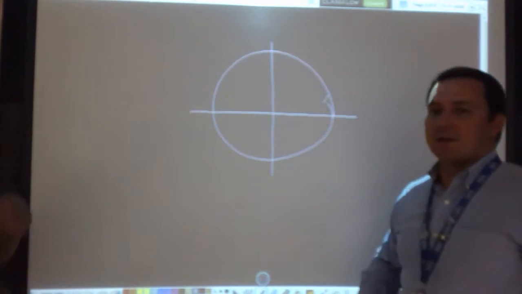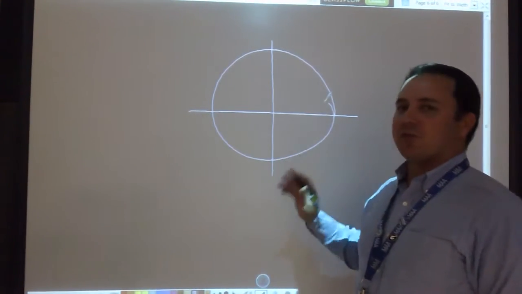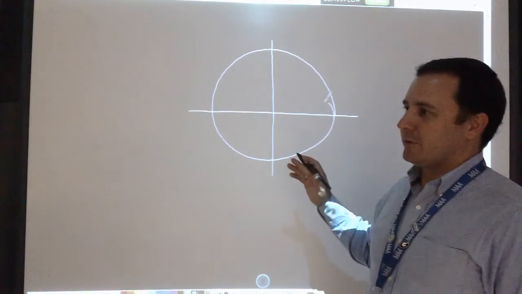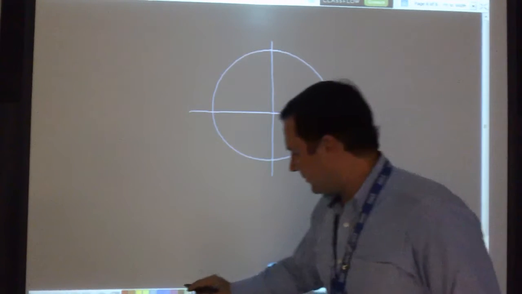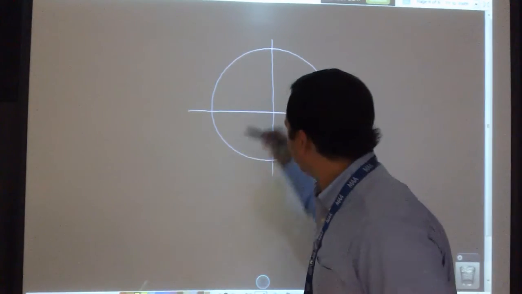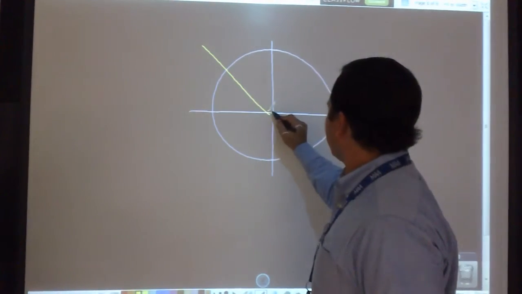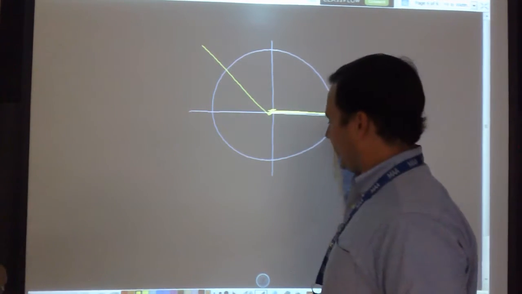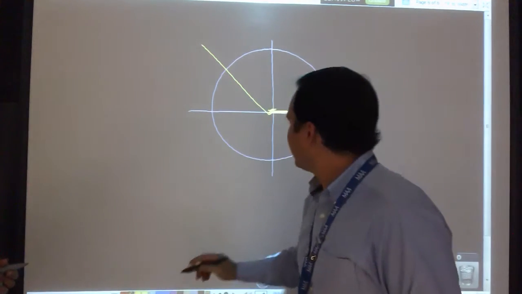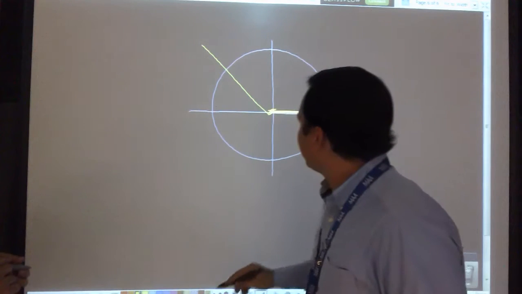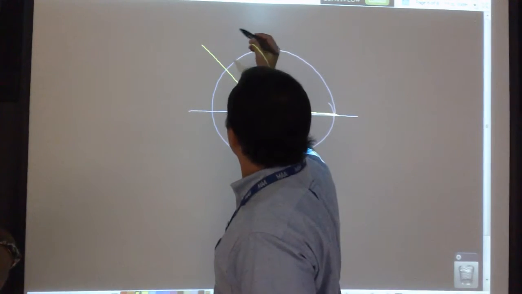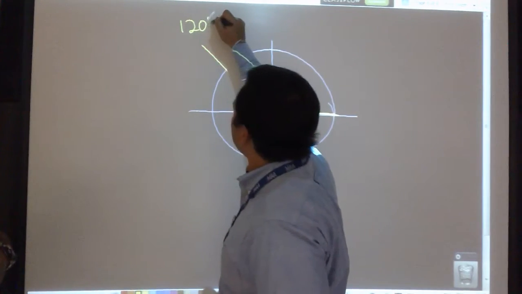A reference angle is the shortest measurement from the terminal side to the x-axis. Let's say we have an angle here in the second quadrant, and let's put a number on it. Let's say this is 120 degrees.